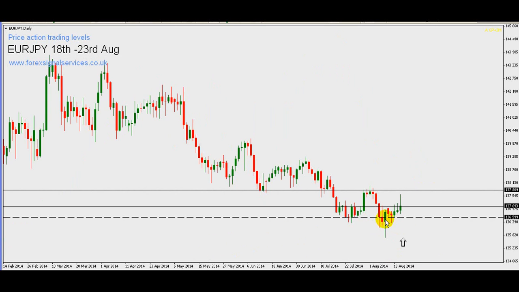On EURJPY here, you can see for this pair not a lot of movement. We had support shown at 136.59 and some sort of resistance at 137, but really not a lot of movement last week on EURJPY. Normally it trends a lot better than this. So I'm still looking at these levels here, 137.80 and again 136.59, for price action at these levels.